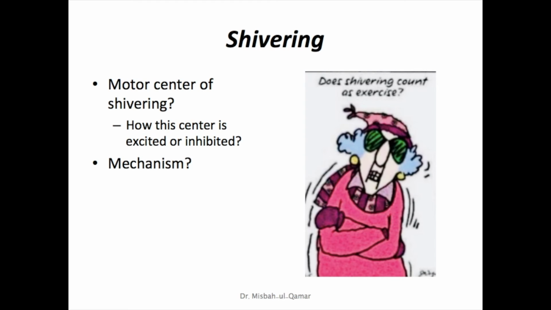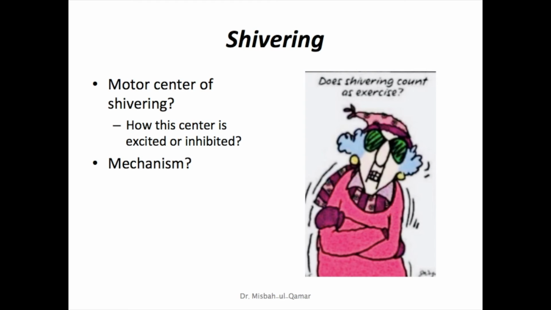The primary motor center for shivering is located in the dorsomedial portion of the posterior hypothalamus, and this area is usually kept inhibited by the signals from the heat centers in the anterior hypothalamus, and it is excited by the cold signals which could come from skin or from spinal cord.